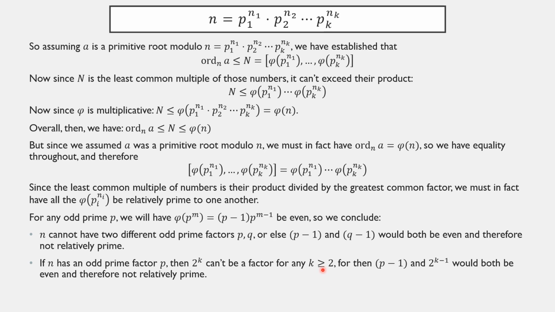So if k is 2 or larger, in other words, if the number is divisible by 4, then p minus 1 would be even, and 2 to the k minus 1 would also be even, not relatively prime. This LCM is not equal to this product, this order is not equal to phi of n, and a is not a primitive root. So if n has 2 odd prime factors, nope. If n has 1 prime factor, then the power of 2 cannot be 2 squared or larger.